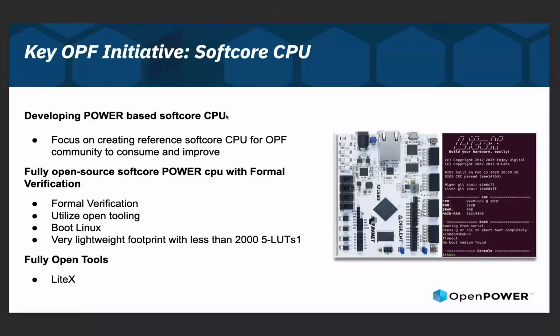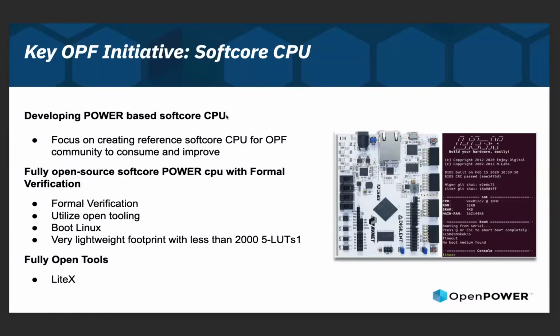And another initiative we have is a softcore CPU. So we're actually developing this from the foundation itself. And this is really focusing on, can we build something for the really, really lightweight embedded space to compete with other architectures out there. This one is early in its stages of development, but it could potentially be used in the LibreBMC SIG project as well, replacing the Microwatt open core we have.